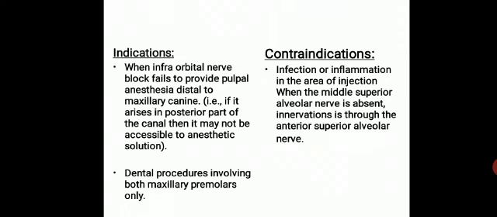Indication: when infraorbital nerve block fails to provide pulpal anesthesia distal to the maxillary canine, and when dental procedures involve both premolars. And the contraindications are infection or inflammation in the area of injection, and where the MSA nerve is absent.